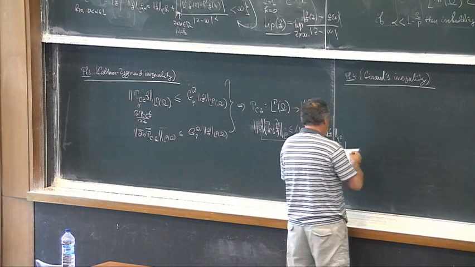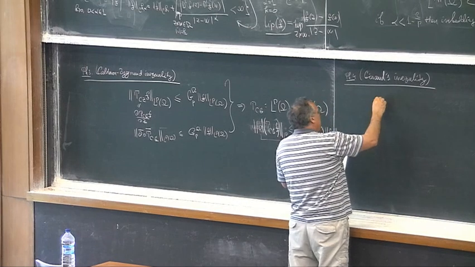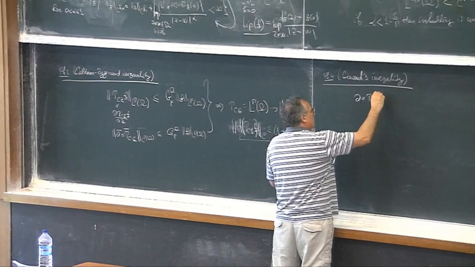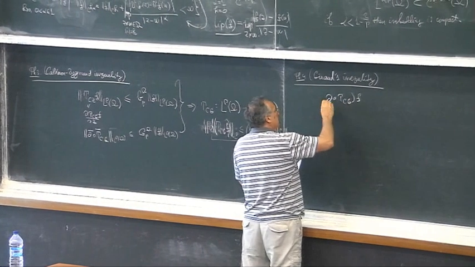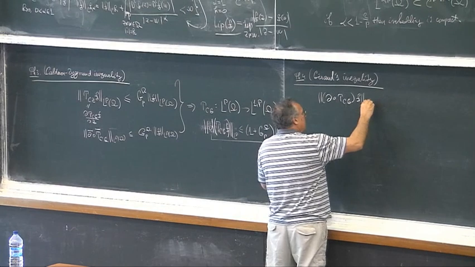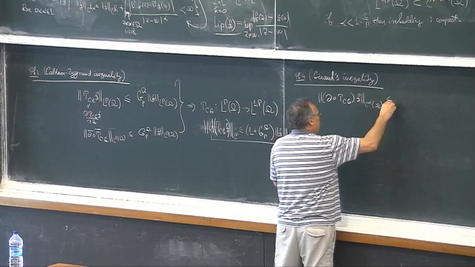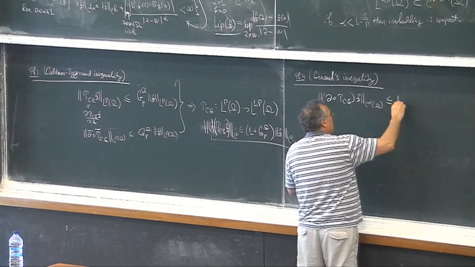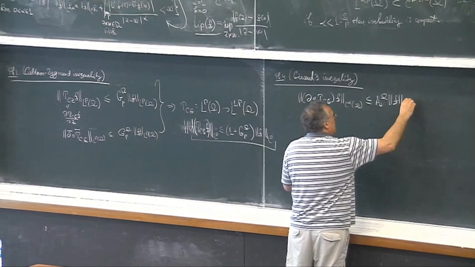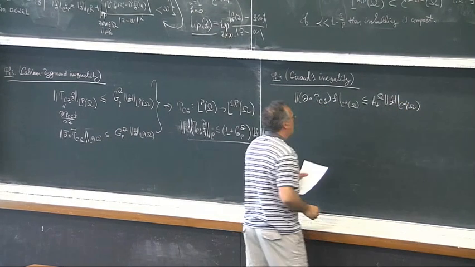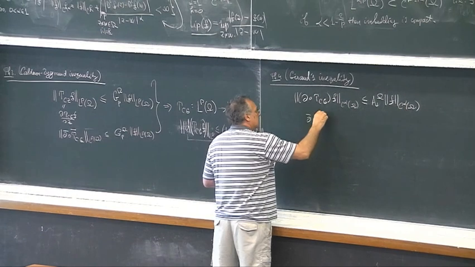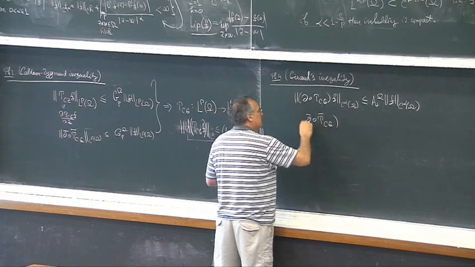So I will write it this way: D of Cauchy-Green of f in C alpha of omega is bounded by some A alpha of omega times f in C alpha of omega. And the same for d bar and t bar.